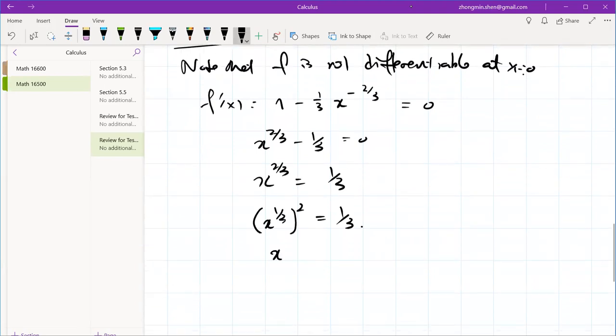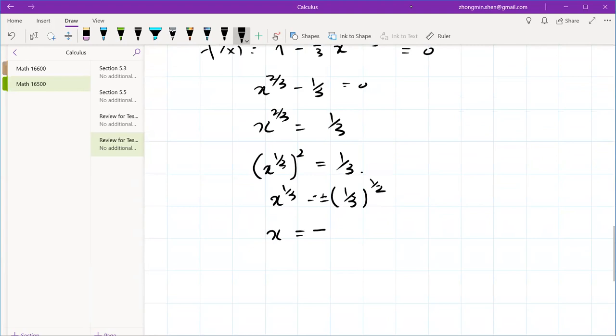So you can solve it: x to the 1/3 equals plus or minus 1/3 to the 1/2. And then you cube both sides. So x is going to be plus or minus 1/3 to the 3/2.